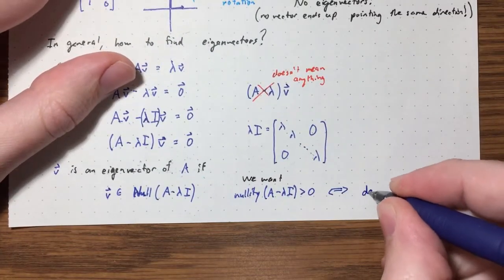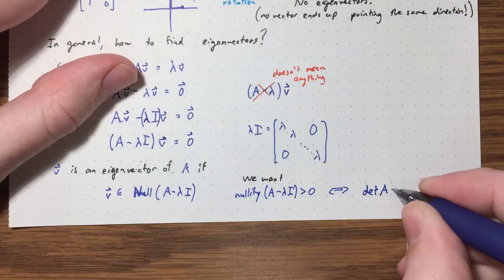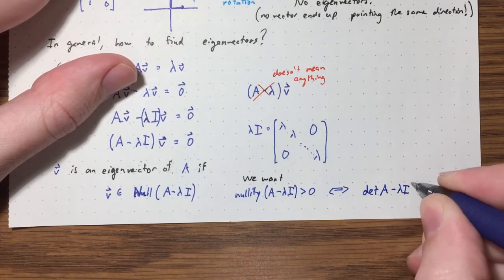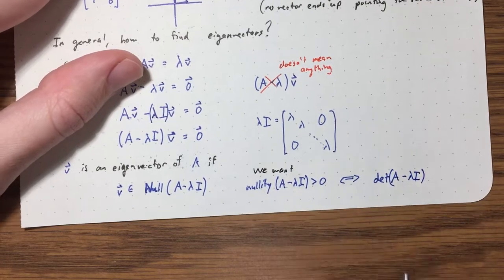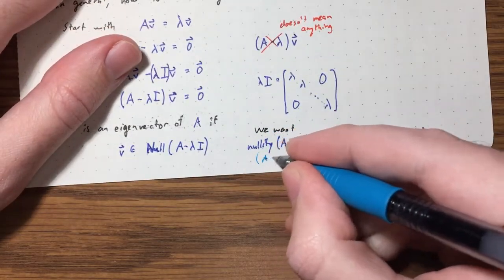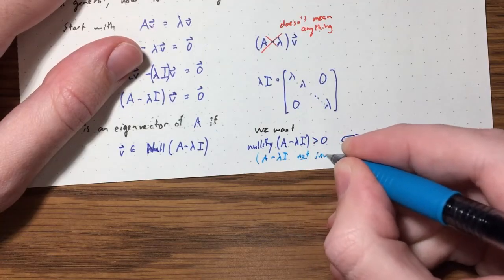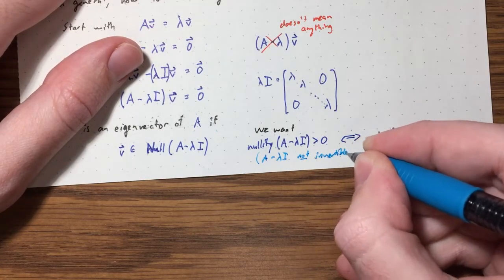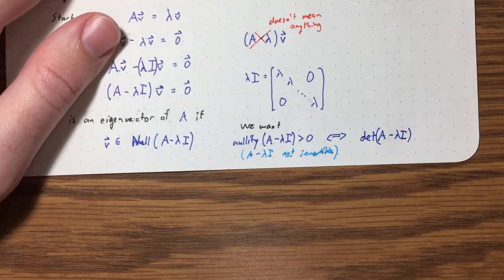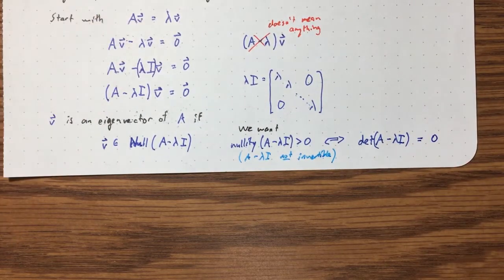So I'm going to write down that I want the determinant of this matrix to be 0. Because in other words, A minus lambda I is not invertible. There's something in the null space other than 0, which is equivalent to the determinant being 0.